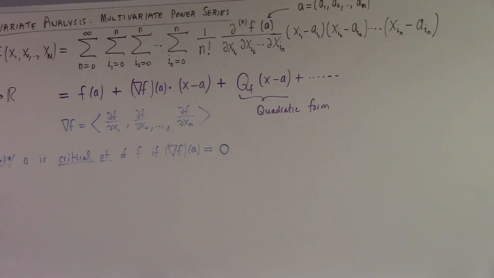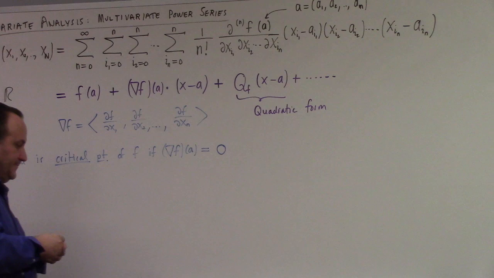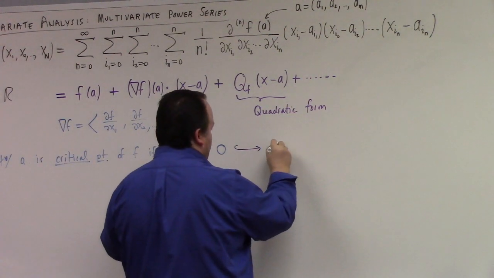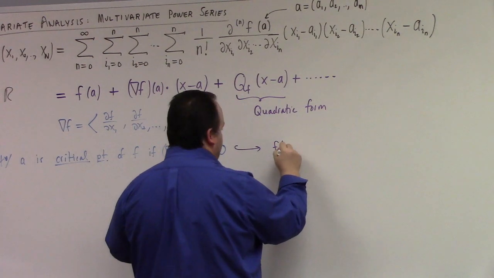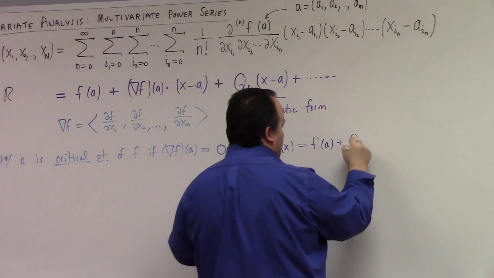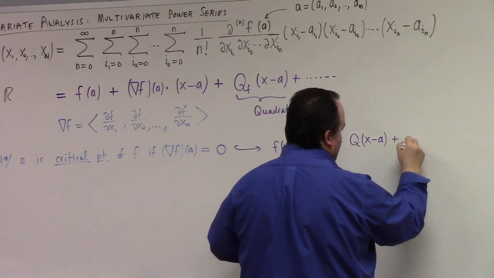What does the multivariate power series look like at a critical point? This makes the following formula true: f of x equals f of a, plus Q of x minus a, plus things, right?